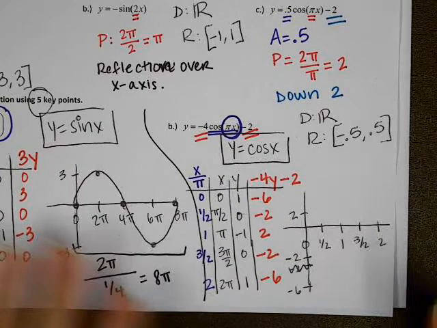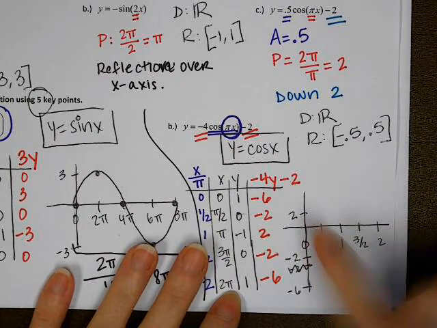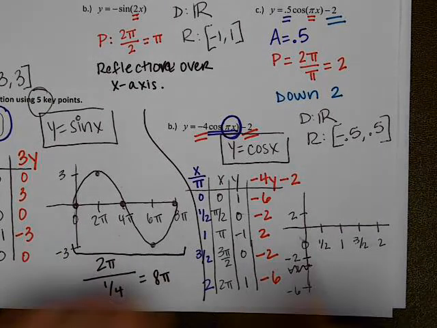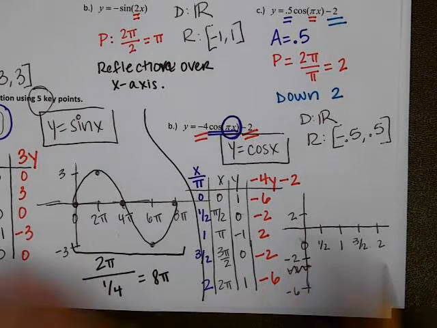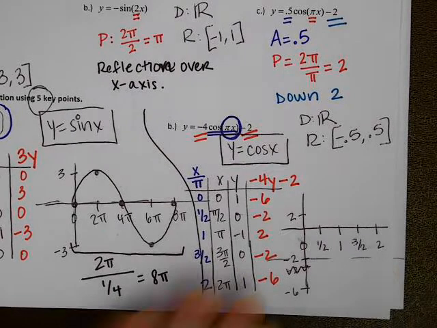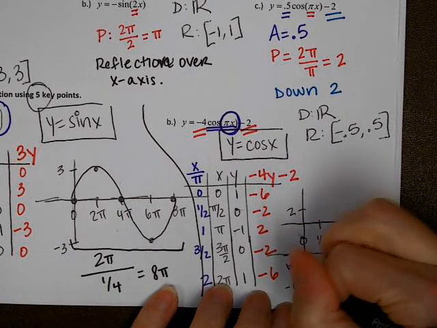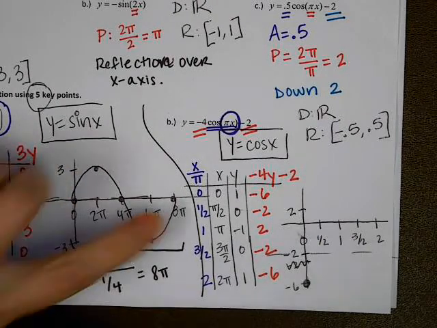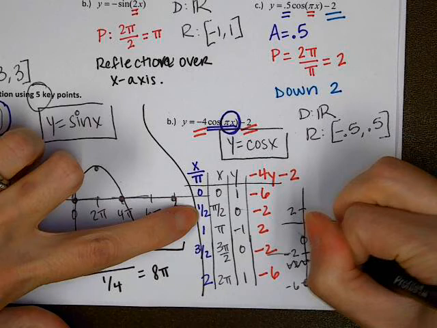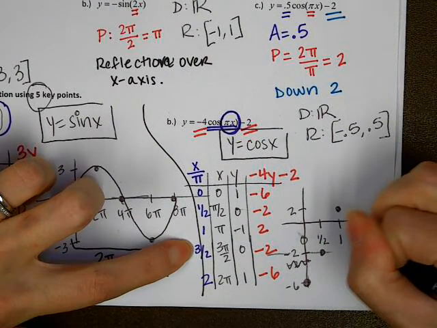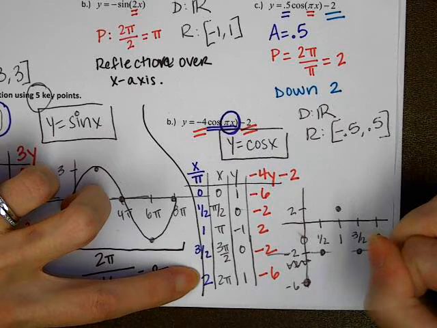Because there was a vertical shift, we're not going to have a 0 point for the y. It might help if you guys want, our new midline is at negative 2 now. Okay, so let's get our points down. We have one at 0, negative 6, 1/2, negative 2, 1, 2, 3/2, negative 2, and 2, negative 6.